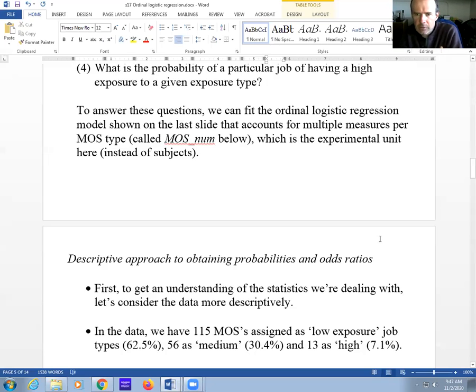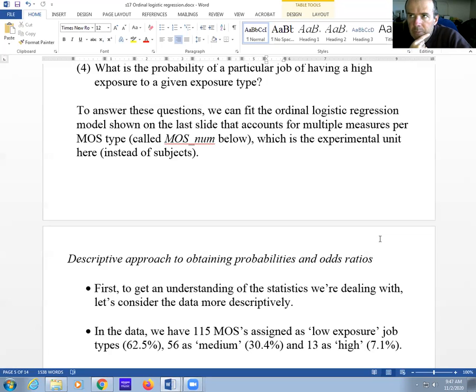So if you want to make your inference over any possible job type, so you're thinking about these 115 different job types, and you consider that as a sampling of the range of possible job types that you could have from a population, and you're not really interested in specific inference for that, then you model it as a random effect.